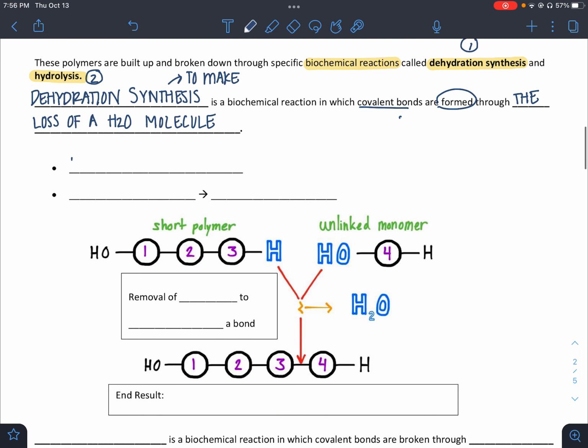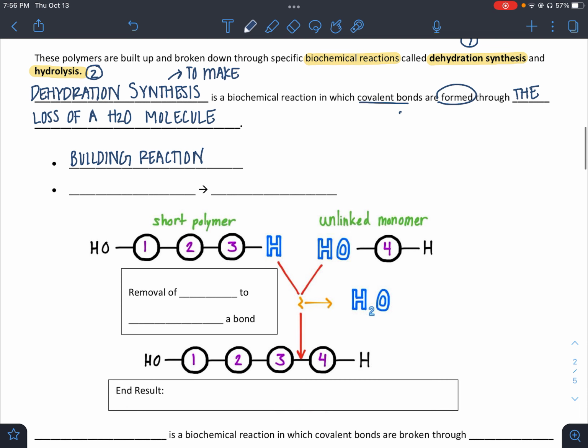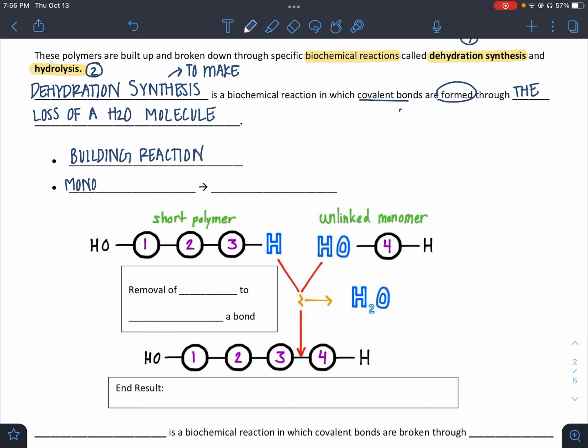If you remember one thing about dehydration synthesis, remember it's a building reaction: to synthesize, to make, to build. It takes the monomers, or building blocks, and covalently links them together to form polymers. Remember, polymers are the same thing as macromolecules, those really large molecules made up of repeating building blocks or monomers.